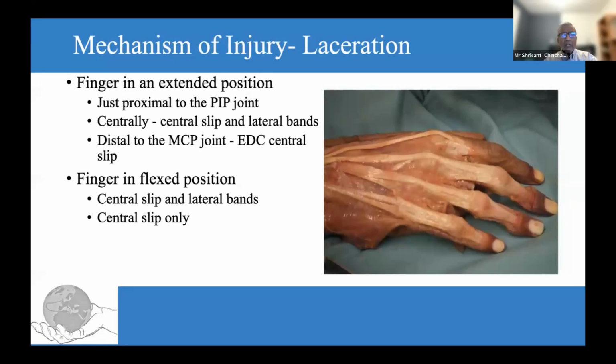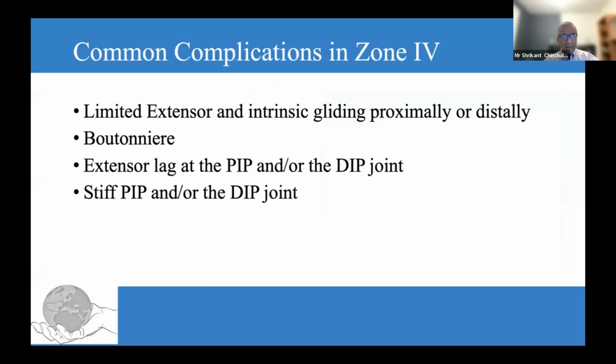If the injury is in a finger flexed position, you may have central slip and lateral band involvement or central slip only. And if it is an index or small finger, you may have involvement of EIP and EDM. So common complications in zone 4 are definitely limited extensor and intrinsic gliding, proximally or distally.